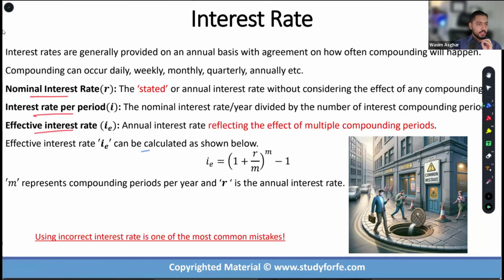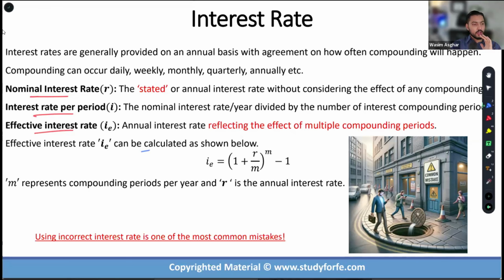Unless mentioned otherwise, any interest rate that is provided to you in a problem statement, mentioned on a news bulletin, in a newspaper, wherever you come across it, it's considered to be an annual interest rate that is compounded only once a year. Does it make sense?